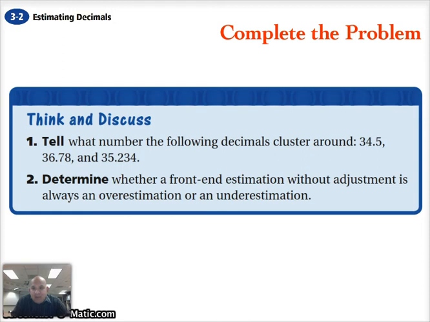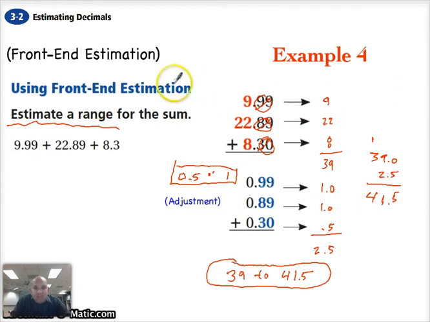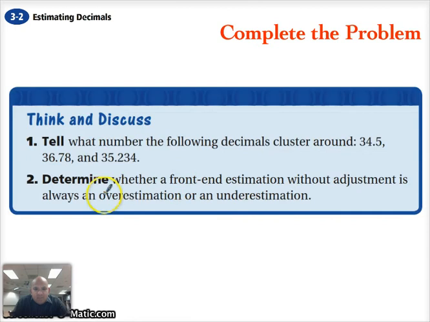If I glance back at this, this is front-end estimation with adjustments, because we adjusted right down here. So the question here is whether the front-end estimation without adjustment is always an overestimation or an underestimation. And be prepared to explain why in class. All right, we will see you in class then.